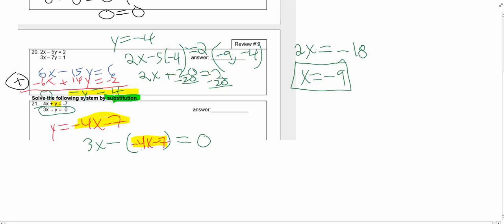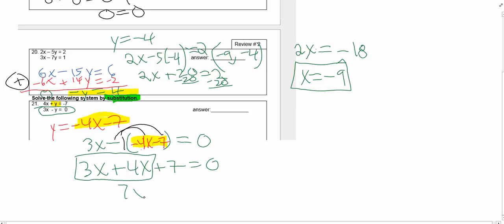Okay, this looks pretty simple, but some people tend to make a mistake right here because they think that there's nothing to distribute, when in fact there's really the quantity negative 1 there because of that minus sign. So negative distributed to a negative, of course, is going to give me a positive. So we have 3x plus 4x, and then negative times negative 7 is a positive 7. So adding the like terms, of course we have 3x and 4x, 7x plus 7 equals 0.